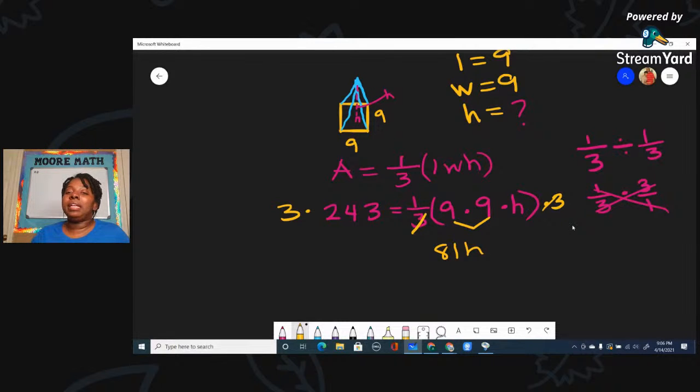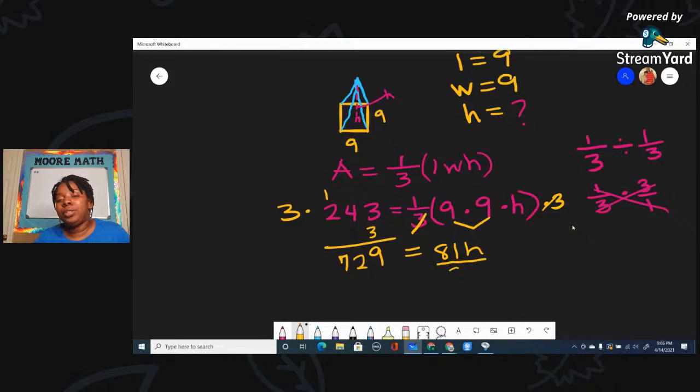We canceled out our 3's, and let's do it. 243 times 3. 3 times 3 is 9. 4 times 3 is 12. And 2 times 3 is 6 plus 1 is 7. 729. Okay. Now 81 times what equals 729?